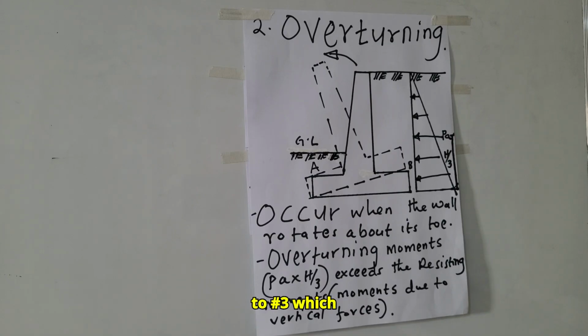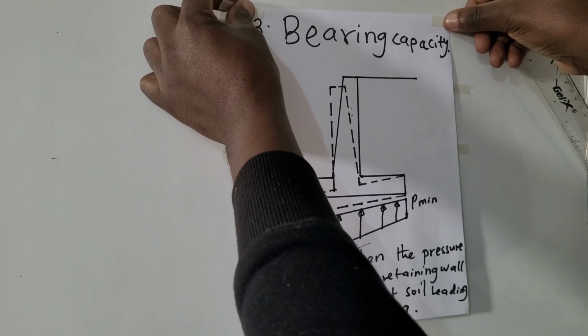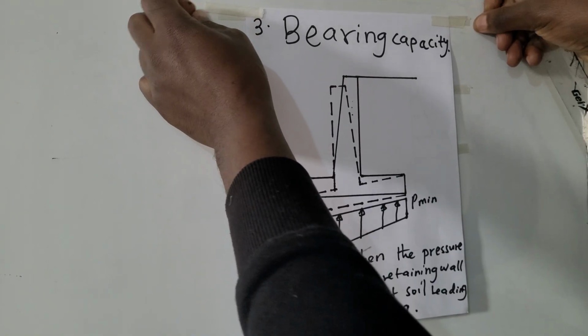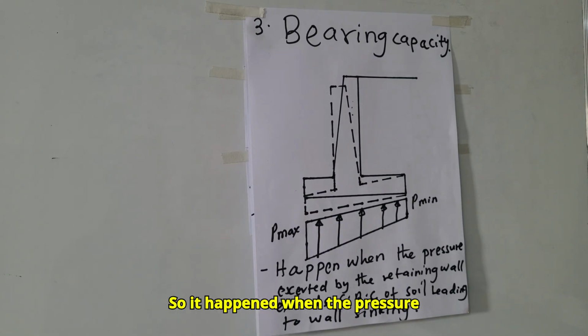I proceed to number 3, which is bearing capacity. It happens when the pressure exerted by the retaining wall exceeds the safe bearing capacity of the soil, leading to the wall sinking.